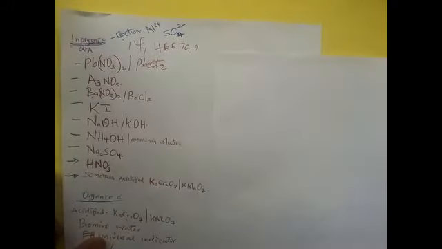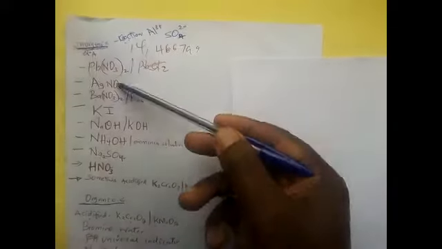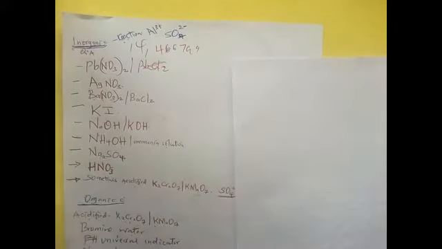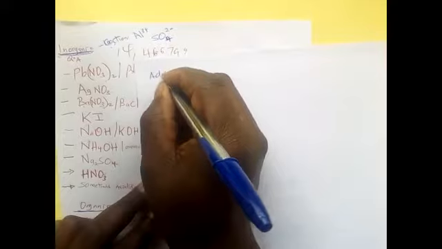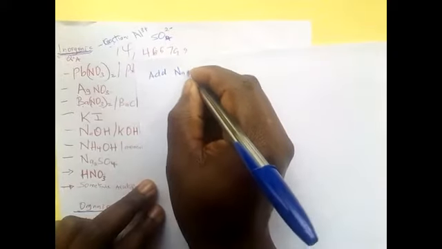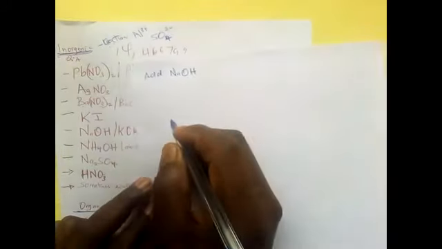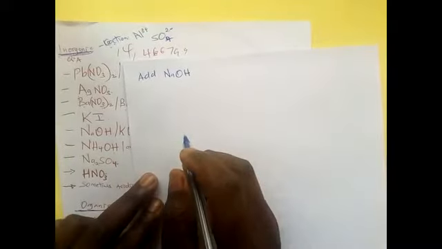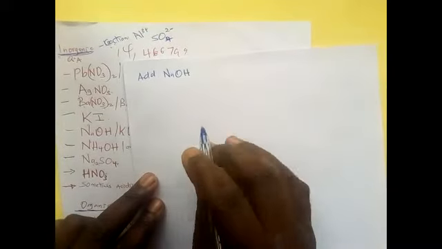For example, I have here different reagents, and I want to begin with the one that is more commonly used in our first question. You are told, to the first portion, add sodium hydroxide solution dropwise until in excess. Here you expect two observations.